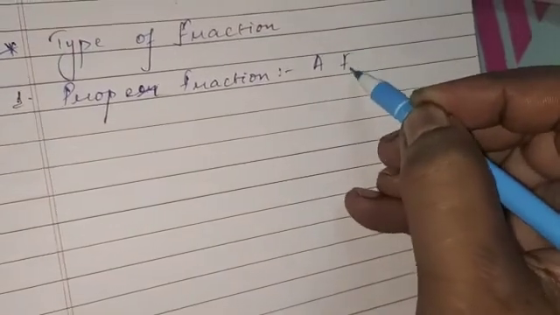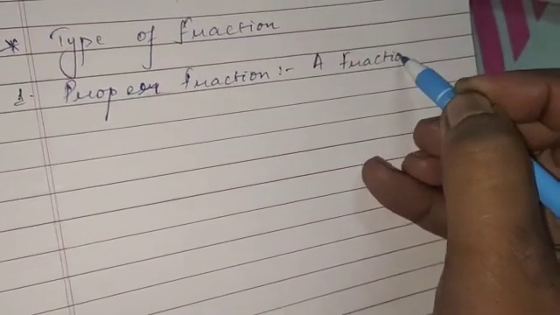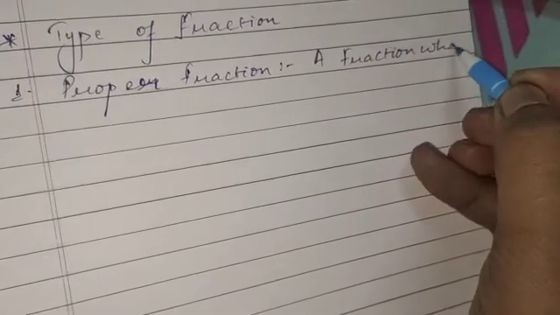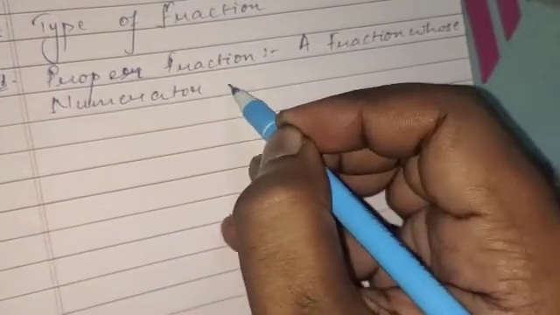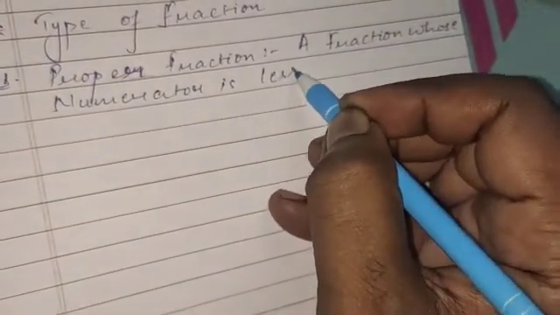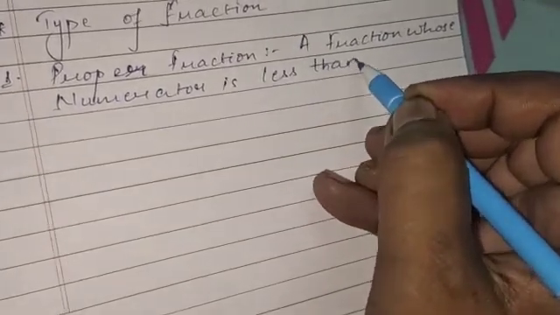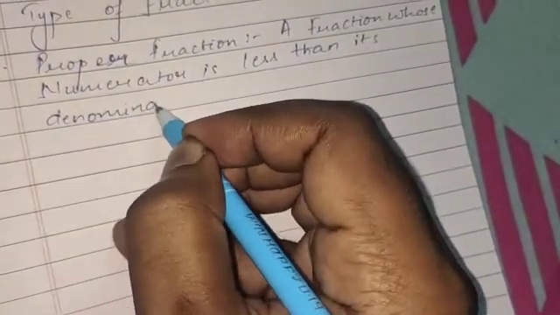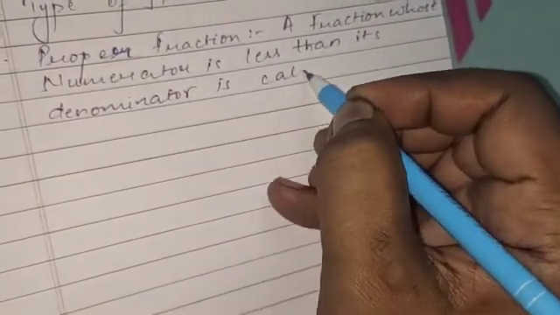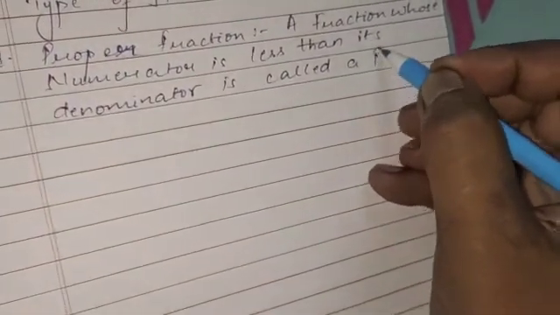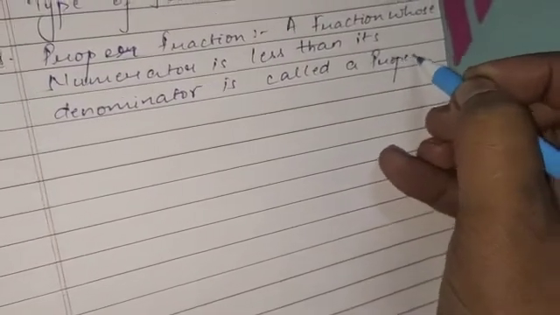A fraction whose numerator is less than its denominator is called a proper fraction.